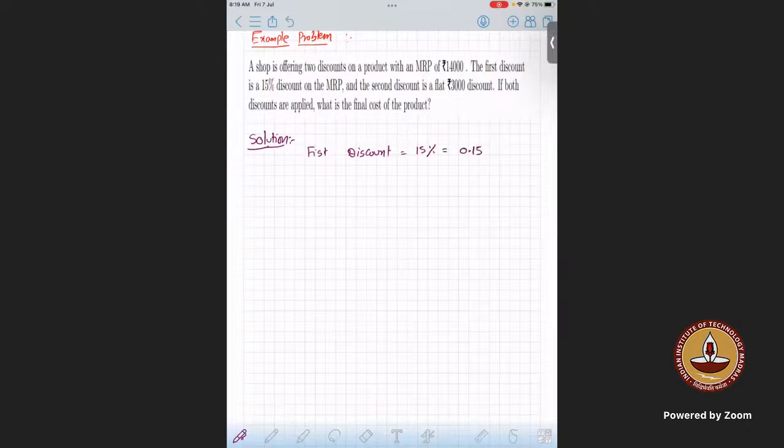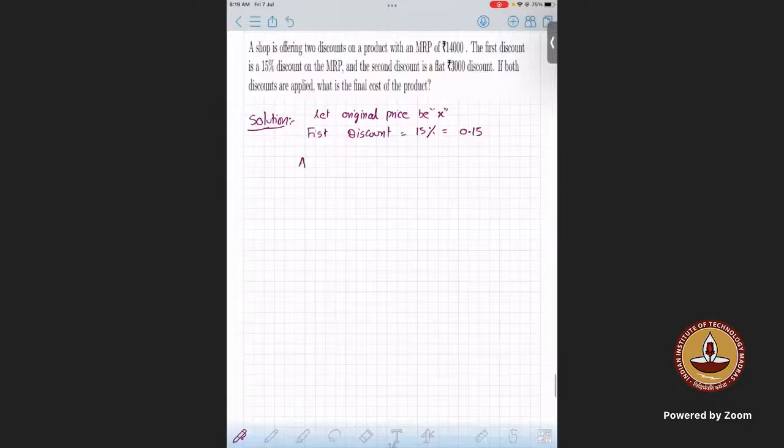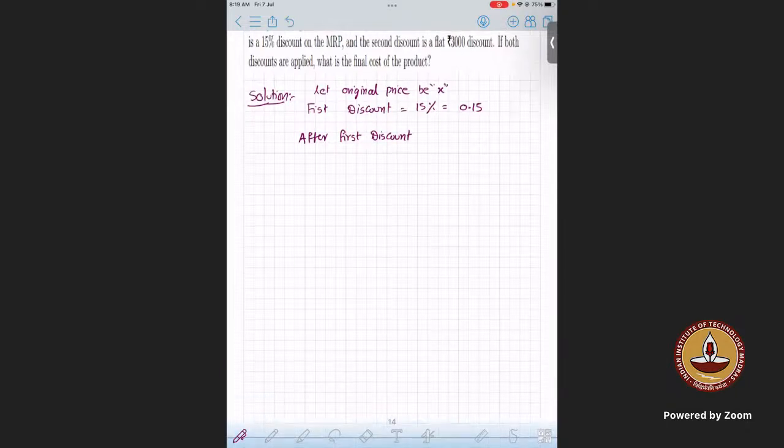Let the original price be X. So after the first discount, the price of the item is equal to 1 minus 0.15 into X. That is equal to 0.85X.